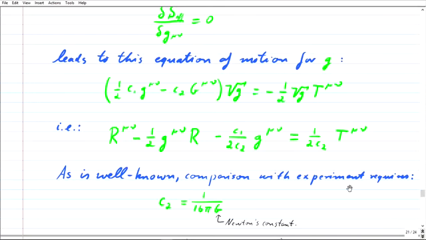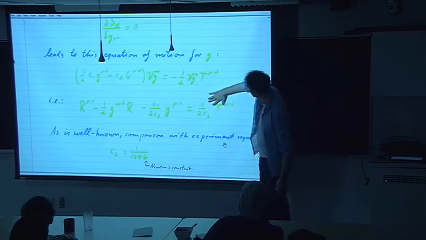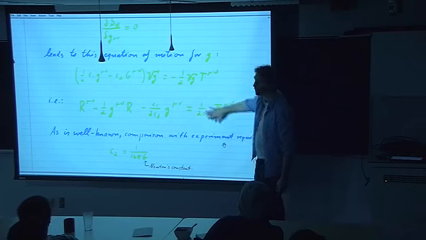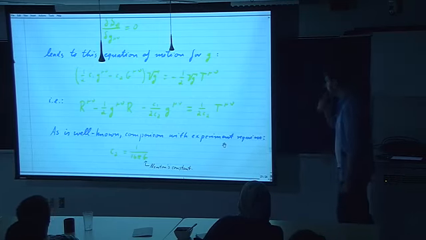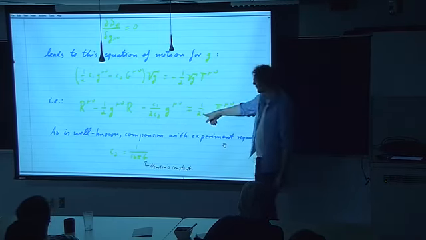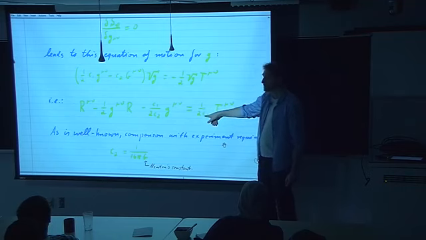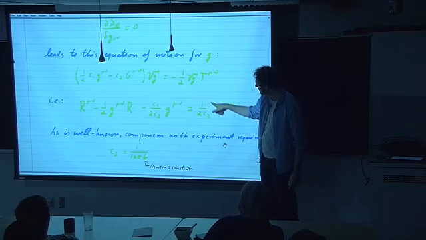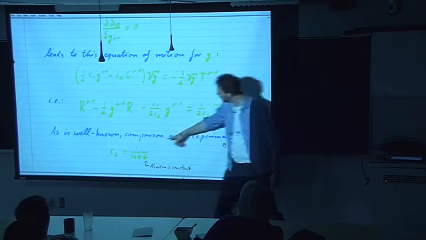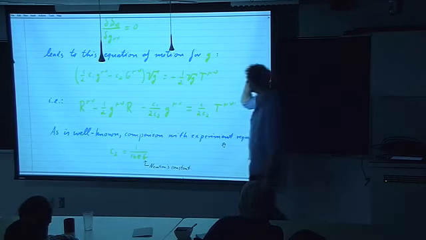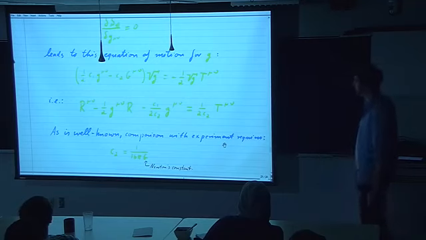And especially, well, okay, but here this prefactor in front of the energy-momentum tensor, C2, he was able to fix. Because the Einstein equation, as Einstein derived it, had a particular value for this here. And that particular value is 1 over 16 pi G, as confirmed by experiments.